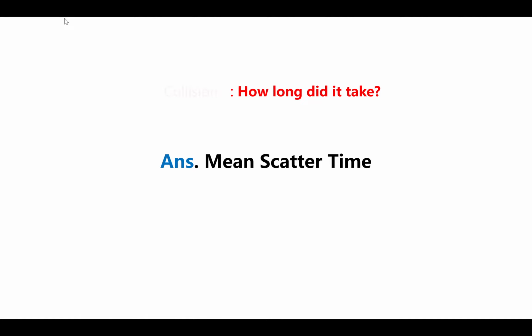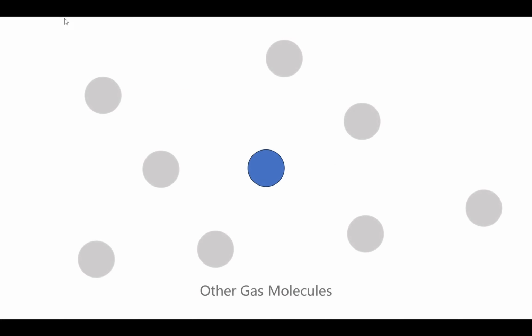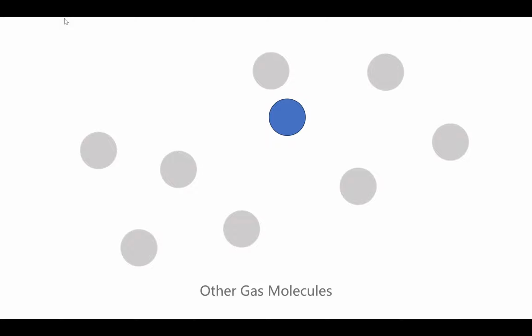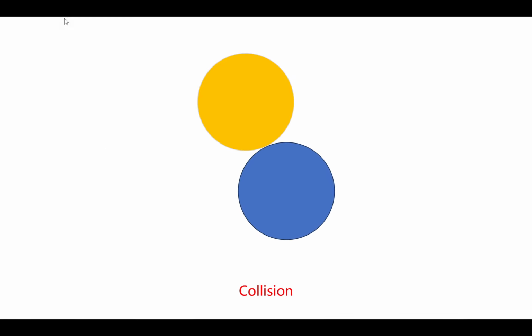To be specific, we're asking the time needed between successive collisions. So just picture this in your head. You are a gas molecule moving around with other gas molecules, so you eventually collide. Alright, we just said that we are going to analyze it from a probabilistic perspective, so we need to define the probability.